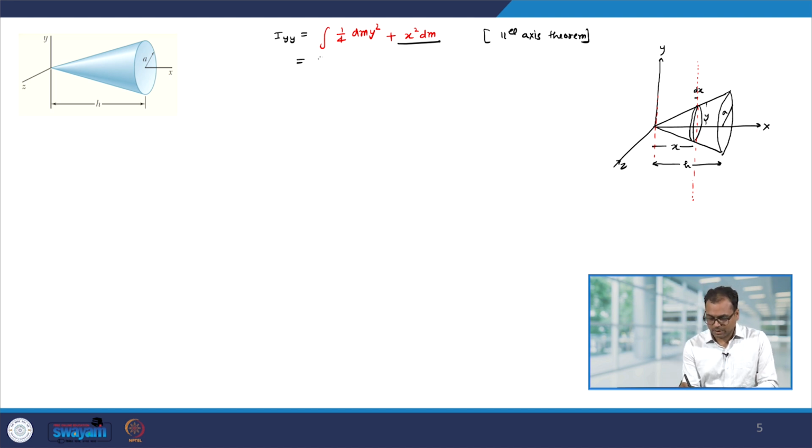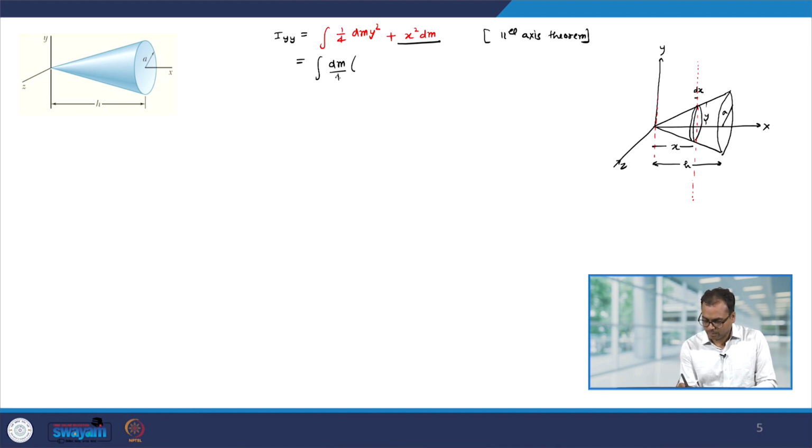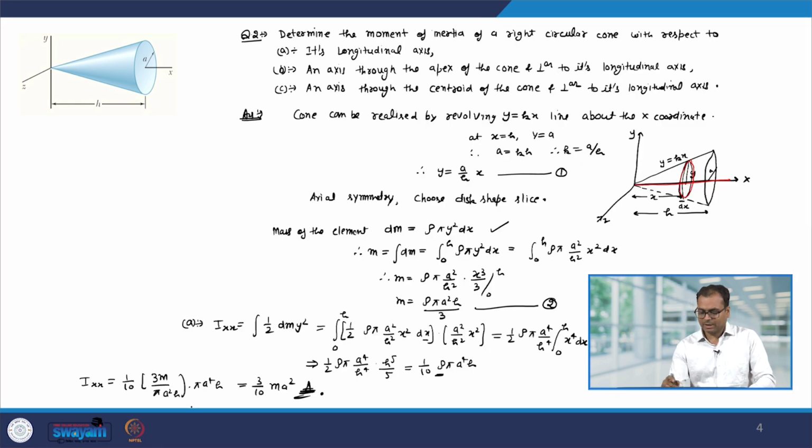Now, let us solve it. So, we have dm into y square, where y is a over h into x, whole square. So, we have 1 by 4 also a over h into x square plus x square dm. Okay. So, this I can write as integral, where dm is rho pi y square dx.